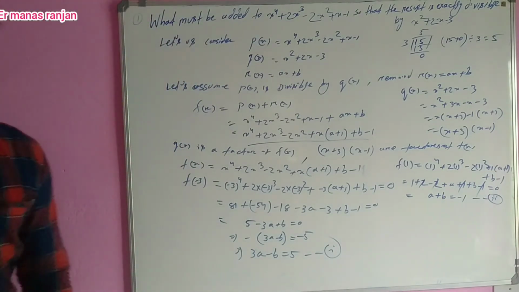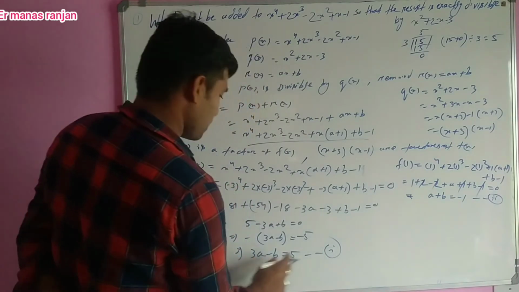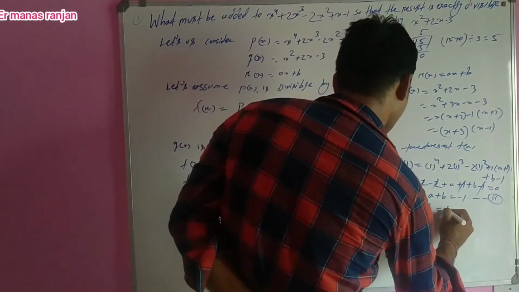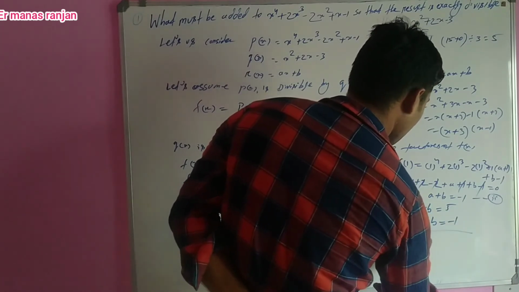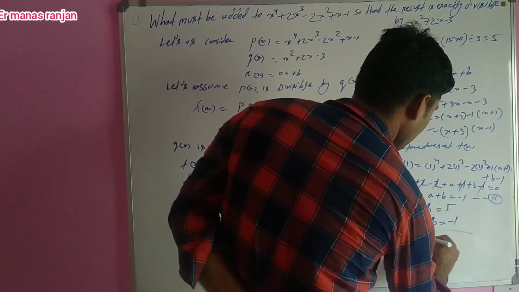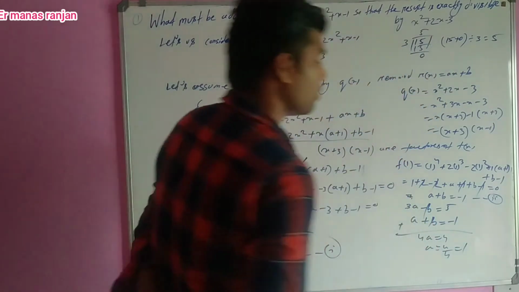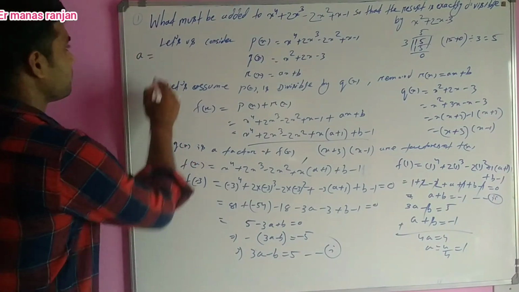So simplify equation 1 and equation 2. 3a − b = 5 and a + b = −1. So b cancels, 4a = 4, a = 4/4, that is equal to 1. You got a = 1.